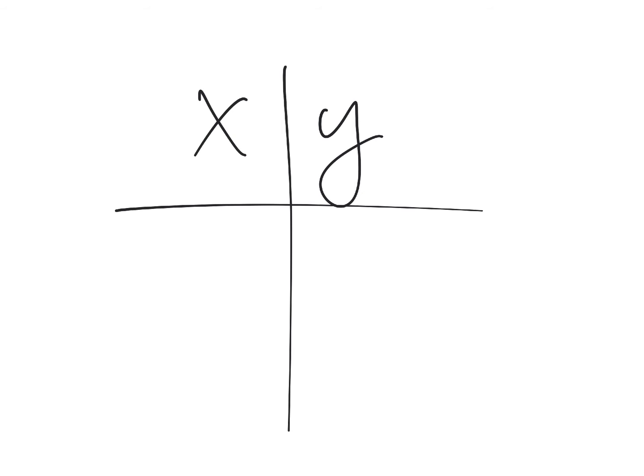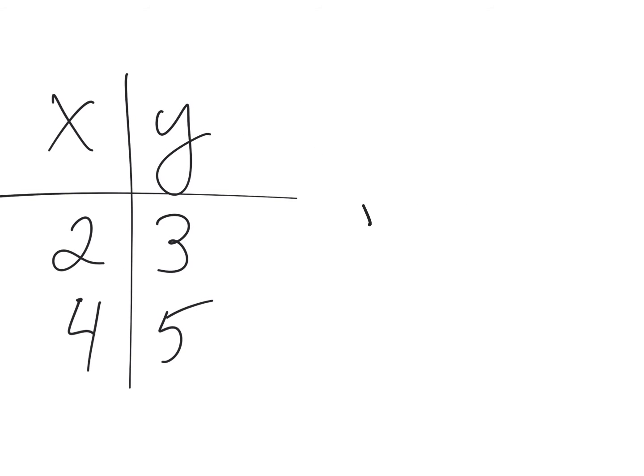Okay, so what's a typical question today? Well, there's 3 different kinds. Sometimes they give you a chart. X, Y, 2, 3, 4, and 5. What if I said, what's f of 4?